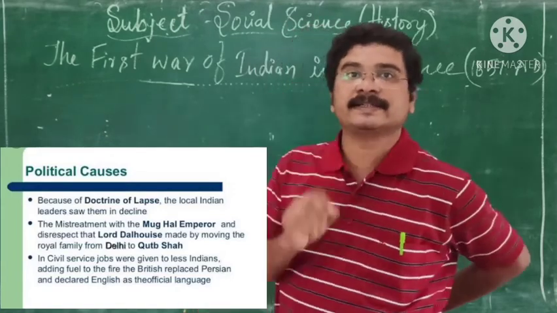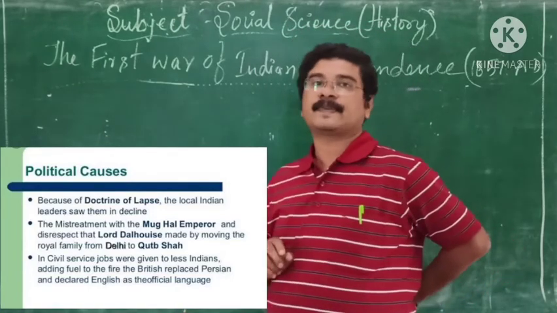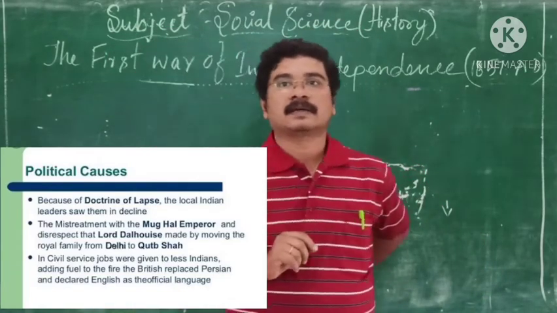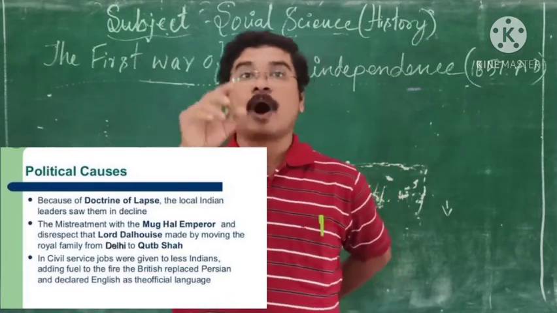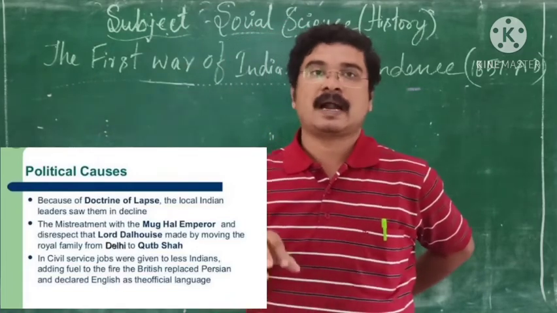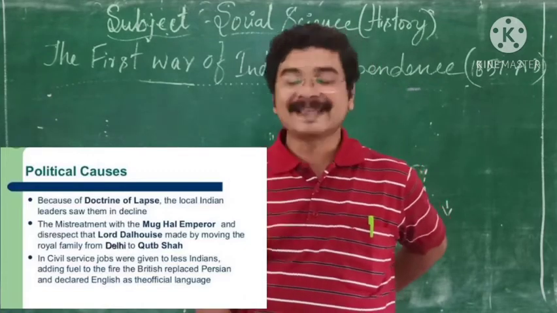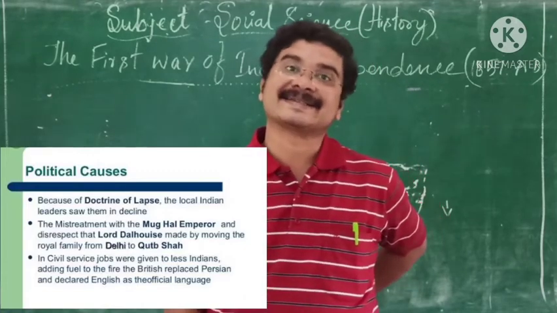The third important thing is the Mughal sultans and the Nawab of Oudh and other kings were stripped of their kingly status.